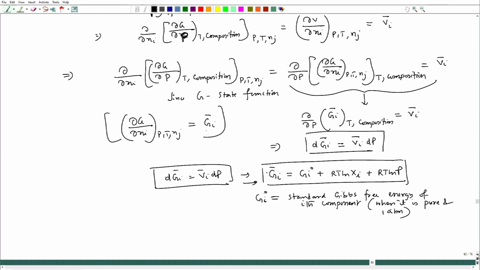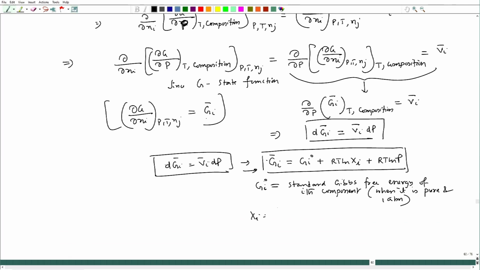Xi is basically the mole fraction of the ith component in the mixture, and P is basically the total pressure of the system.